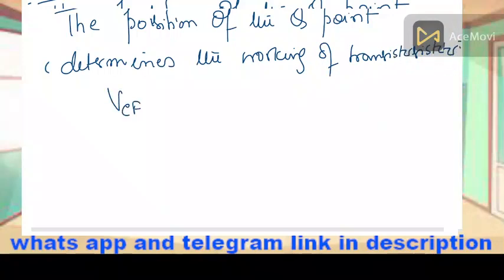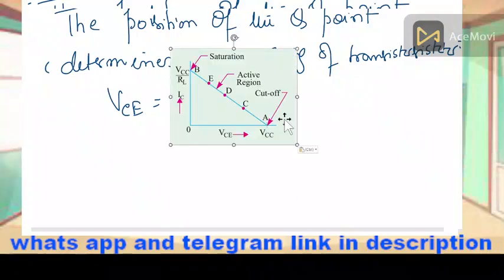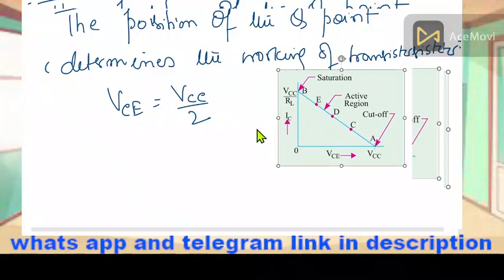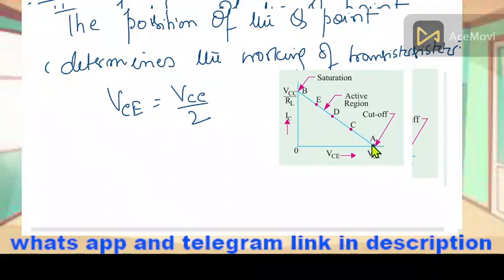Now in the last lecture we saw the importance of VCE, that it is VCC by 2. For amplification the VCE should be half of the VCC. Now from the diagram that I have given you, the graph, you can find the value of VCC at this point. This is the value of voltage. Half of this voltage, 1 by 2 of this value, will lie somewhere here.